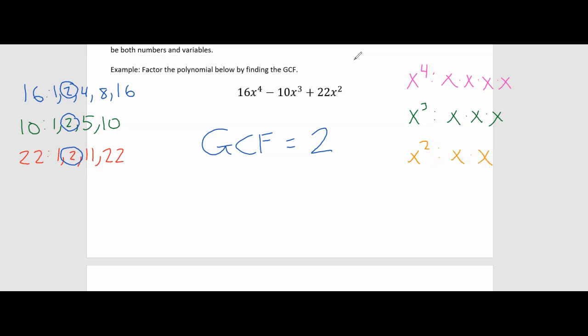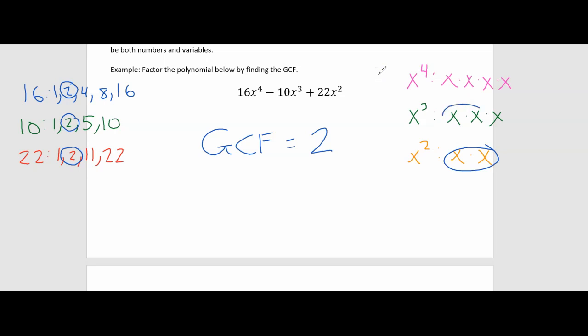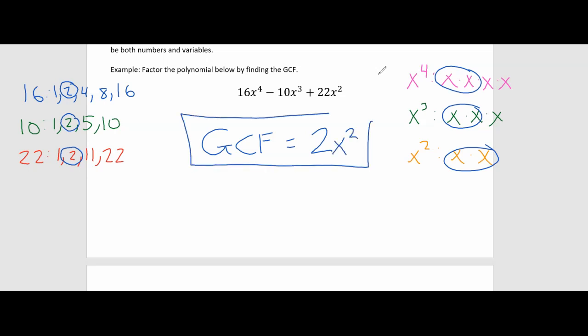So the largest amount of x's that appears in all three terms is 2. There's an x times x in all of these. So the rest of my GCF is x squared. My total GCF is 2x squared. So the GCF of all of those terms is 2x squared.